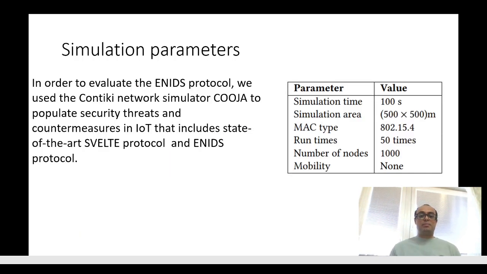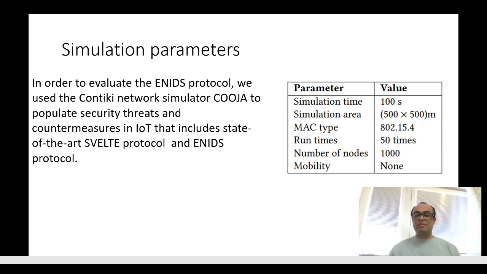For the simulation parameters of our solution, in order to evaluate the enhanced network intrusion detection protocol, we used the Contiki network simulator, Cooja, to populate security threats and countermeasures in IoT, which includes the state-of-the-art Svelte protocol and INIT protocol.